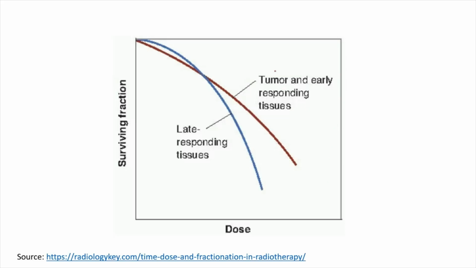As I told before, tumors and early responding tissues have a higher alpha beta ratio, so they bend less. For a lower value, the curve bends more. So how much the curve will bend depends on the alpha beta value.